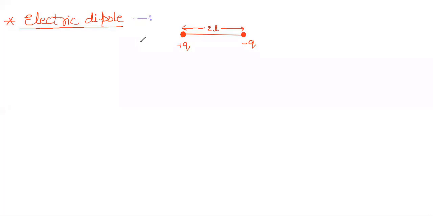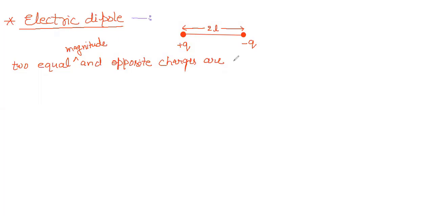Now, the electric dipole can be defined as two equal and opposite charges of equal magnitude kept at a very small distance.